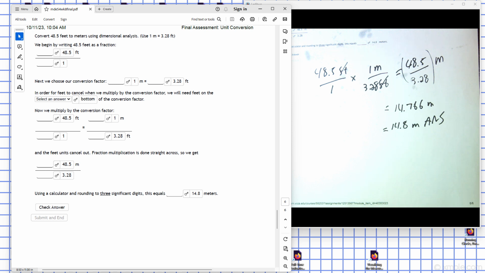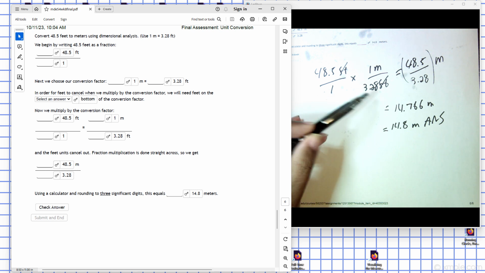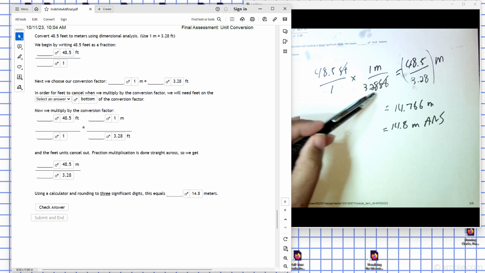Use 1 meter is 3.28 feet. So I have that here, and I wrote it as a fraction here. Conversion factor is here, 1 meter to 3.28 feet.